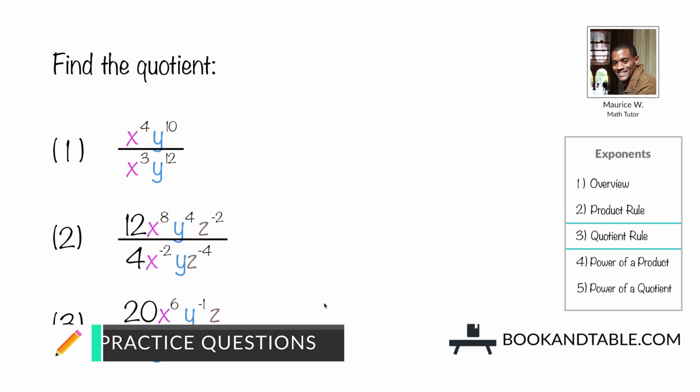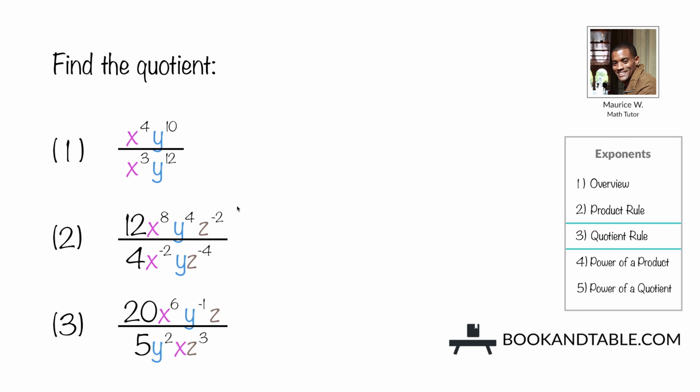Let's have you do a few practice questions. Find the quotient. Question number 1, x to the 4th, y to the 10th, divided by x to the 3rd, y to the 12th. Question number 2, 12 x to the 8th, y to the 4th, z to the negative 2, divided by 4 x to the negative 2, y, z to the negative 4th.